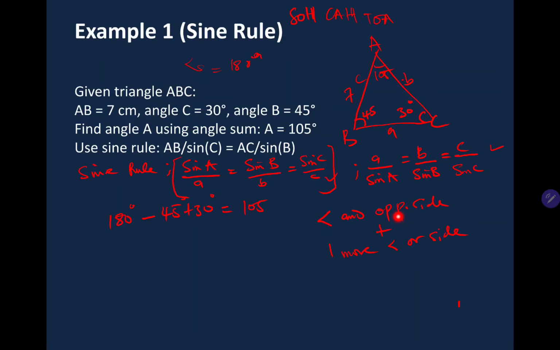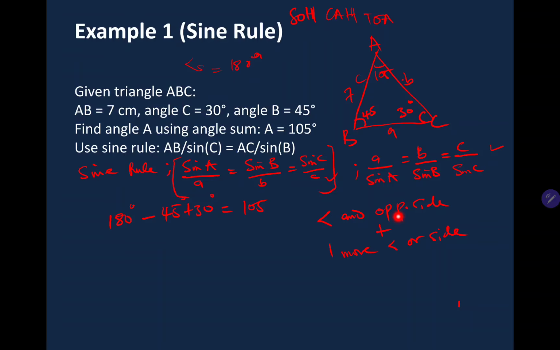So trying to put this to application, what we do to get the missing sides in this triangle. Now we have side c. We do not know what a is and b is missing. So using the sine rule, we say sine A over a is equal to sine B over b and is equal to sine C over c.